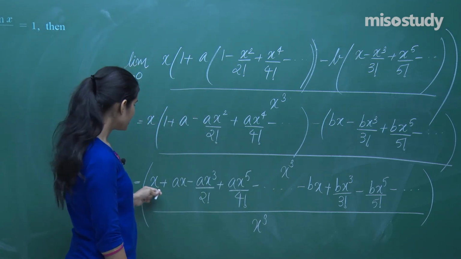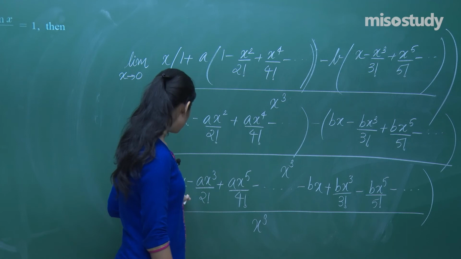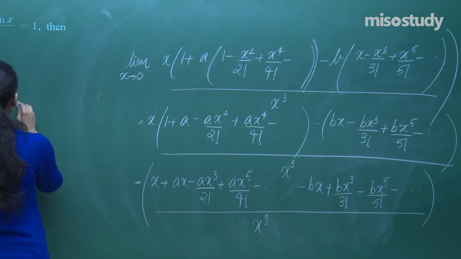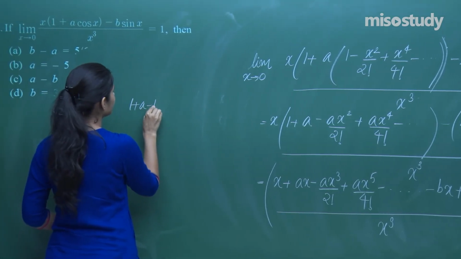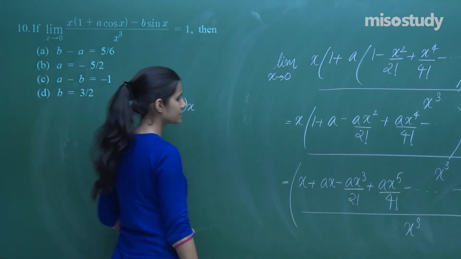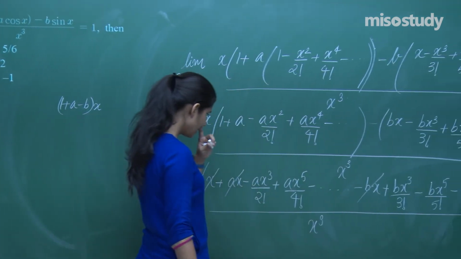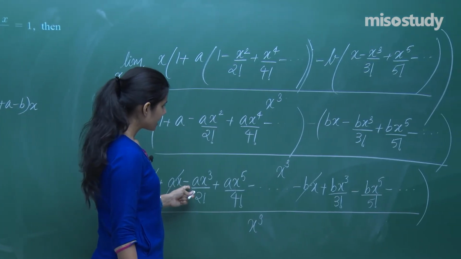So now you have, this is x, this is ax and this is minus bx. So you have 1 plus a minus b x, fine, 1 plus a minus bx. Then you have x cube basically.